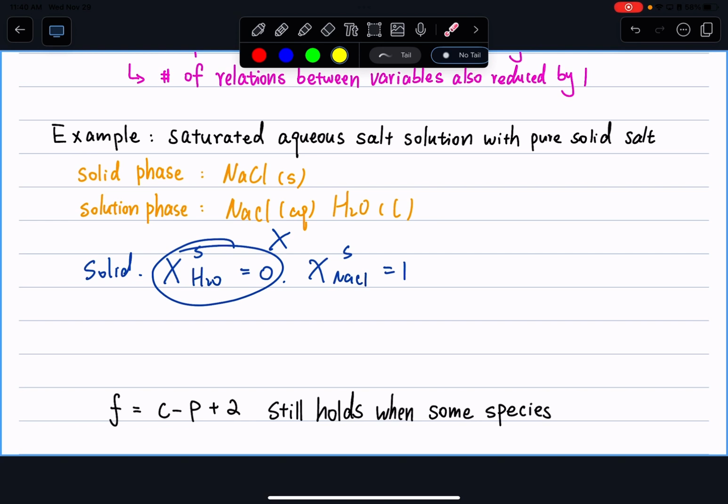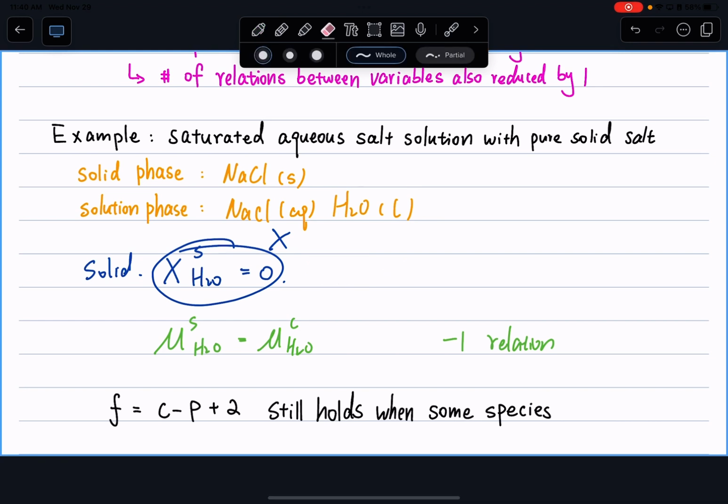What about the relations? When water is not present in the solid phase, this relation, which is the equilibrium between your solid water and your liquid water, is also broken. Right, so this one is -1 relation. And on the top one, that's -1 variable.